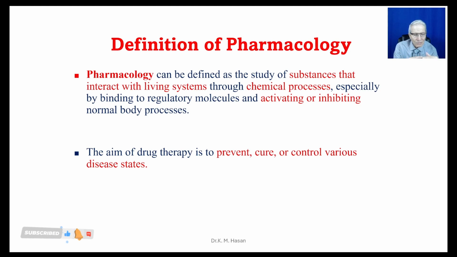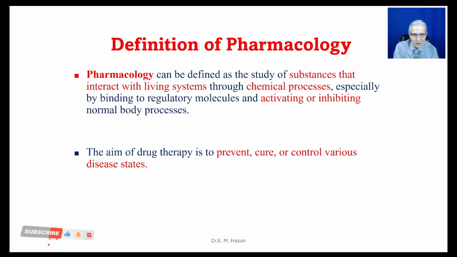In the blood, warfarin binds to the coagulation factors, inhibits them, and prevents blood clotting. So pharmacology studies the effect of warfarin on the coagulation factors. What is the result? It prevents blood clotting.